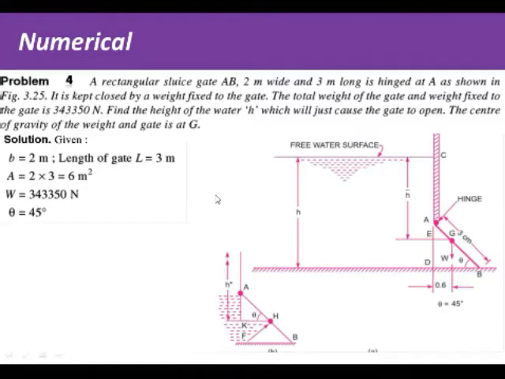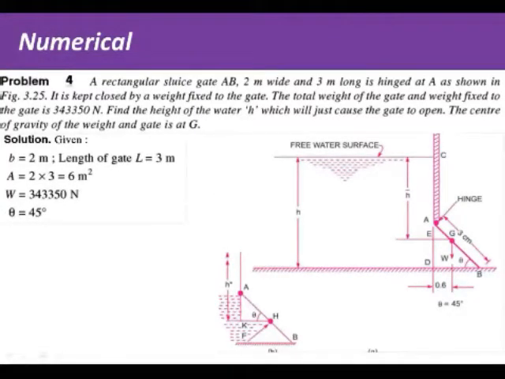In the given problem, the breadth of the plate is given to us as 2 meter, and the length of the gate is 3 meter. So the area of the gate, which is rectangular, is breadth into length, so 2 into 3, that is 6 meter square. After that, W is given to us as 3,43,350 Newton, and theta is already given in the diagram.